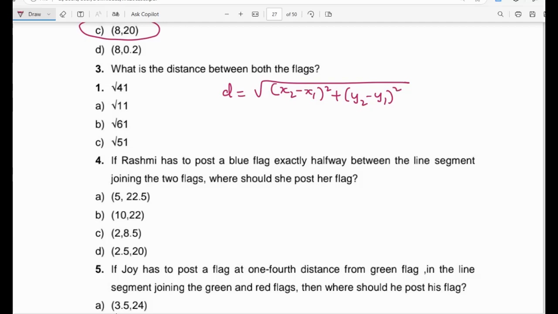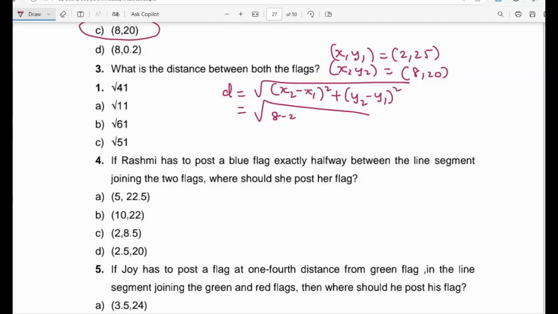The first position x1, y1 is 2 comma 25, then x2, y2 is 8 comma 20. So x2 minus x1 is 8 minus 2 whole square plus y2 minus y1 is 20 minus 25 whole square.